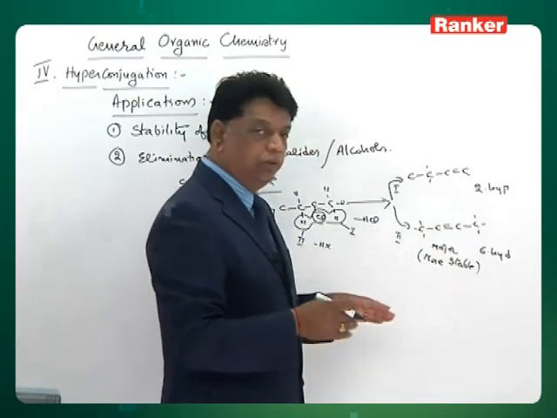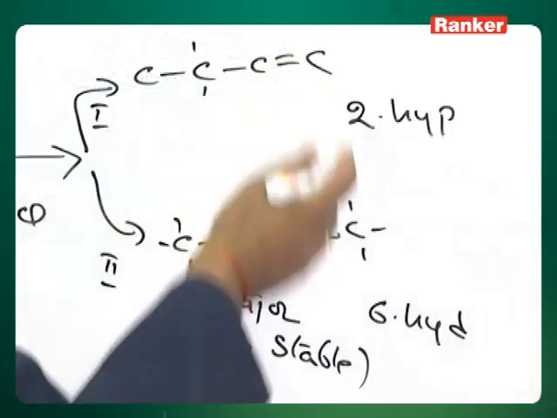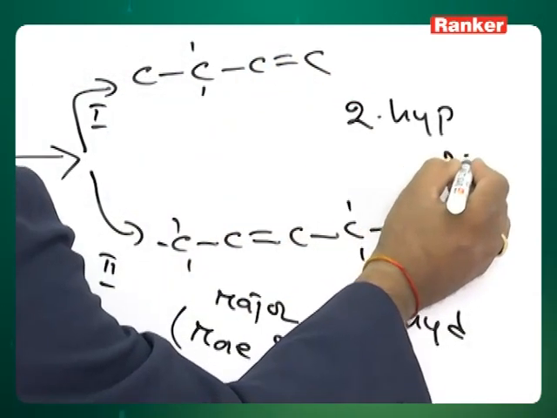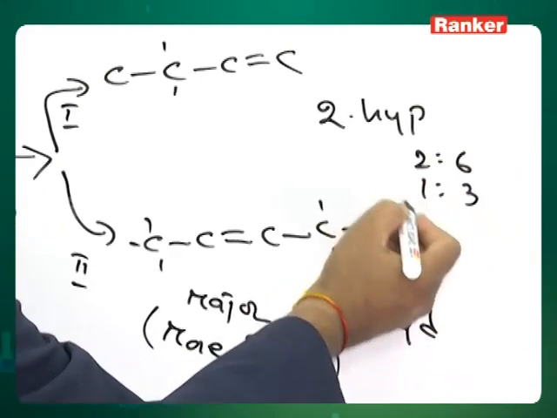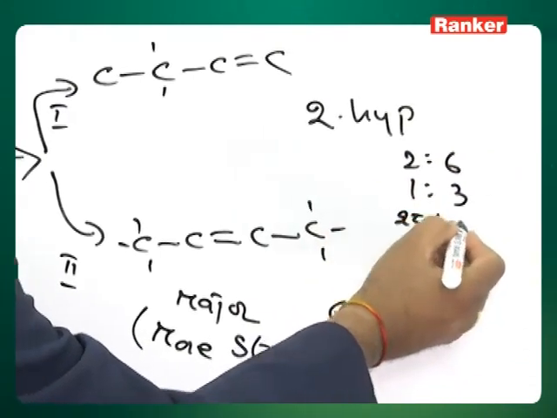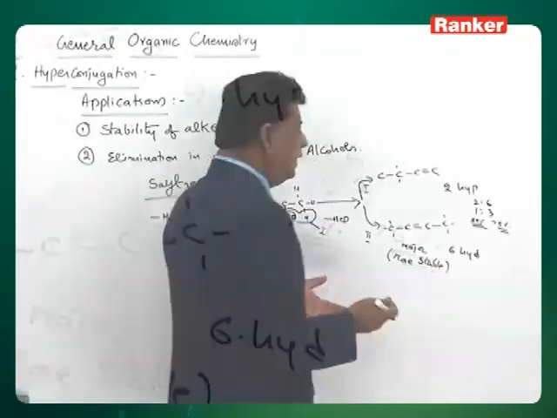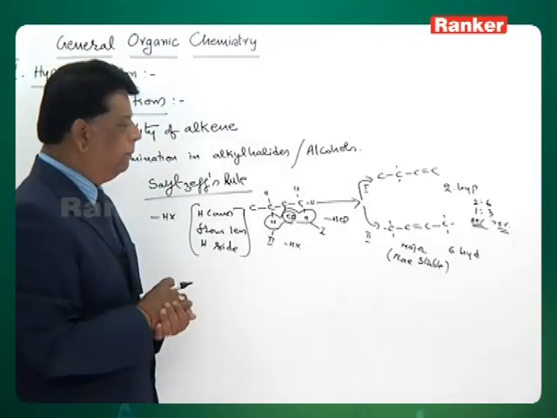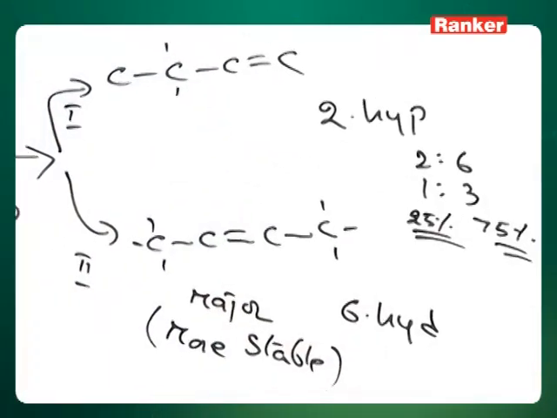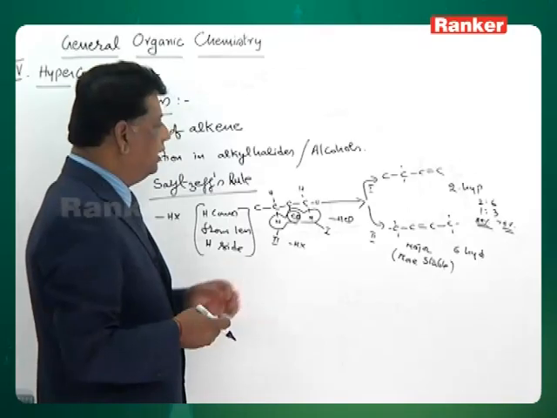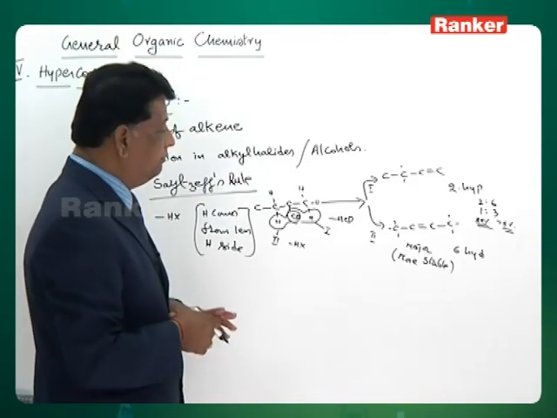You can also apply percentages to some extent. The ratio will be 2:6, that means 1:3, that is 1 out of 4, which is 25%, and 75%. So percentages also you can guess and verify with practical data; it almost coincides with a small practical error. 1-butene is formed 25% and 2-butene is formed 75%.